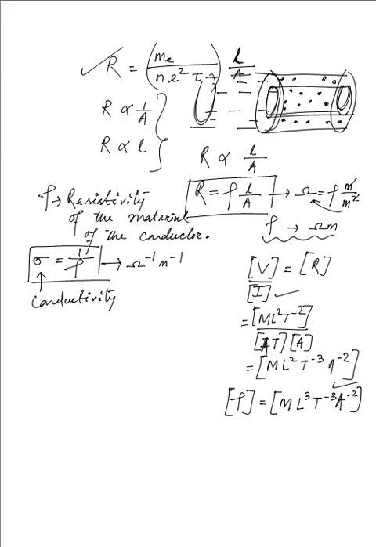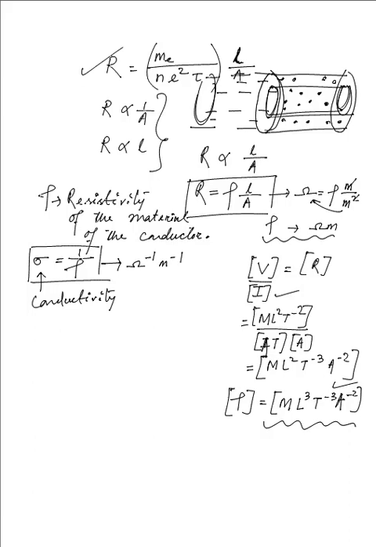From resistivity you can use those dimension terms and just multiply the powers by minus 1, and that is what we have for conductivity. That is M to the power minus 1, L to the power minus 3, T to the power 3, A to the power 2. You can check it for yourself.